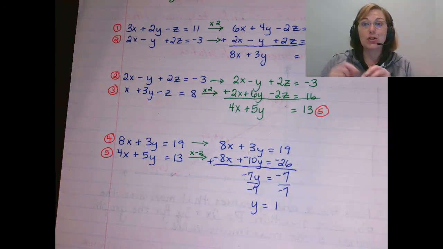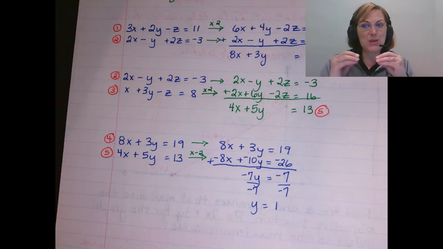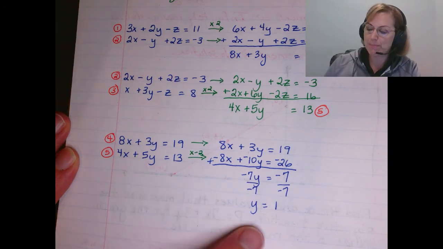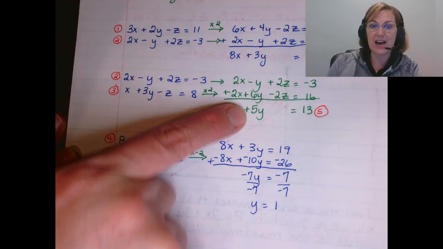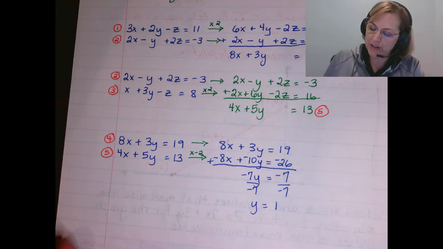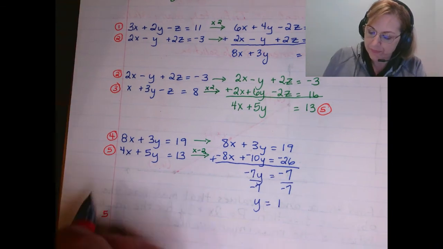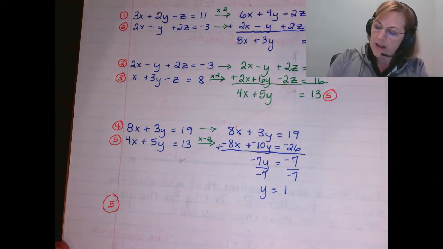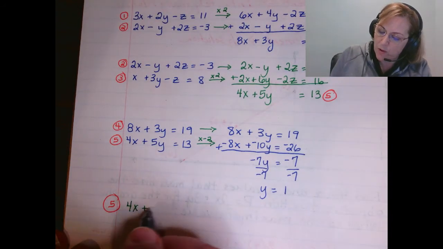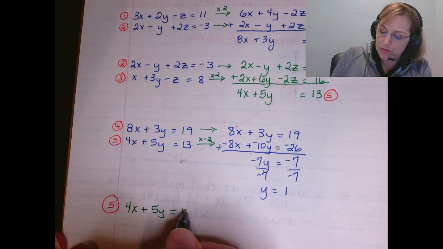All right, now we're going to work backwards. Now that you have one value, you're going back to equation 5 or equation 4. You can choose whichever one you want. I'm going to go with equation 5 here. And equation 5 was 4x plus 5y equals 13.